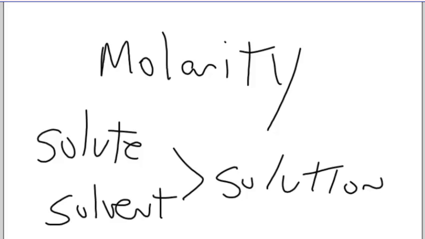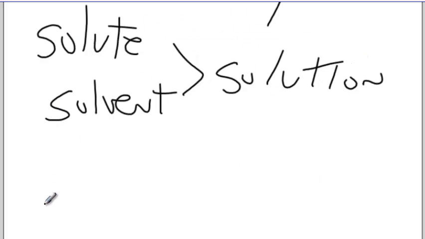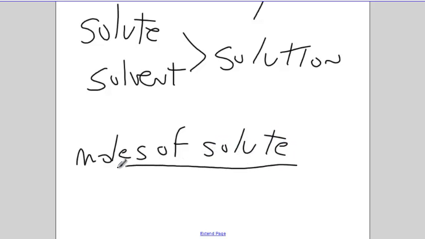Now, there are a lot of concentration units. The one we are emphasizing is this thing called molarity. The definition of molarity is moles of solute over liters of solution.